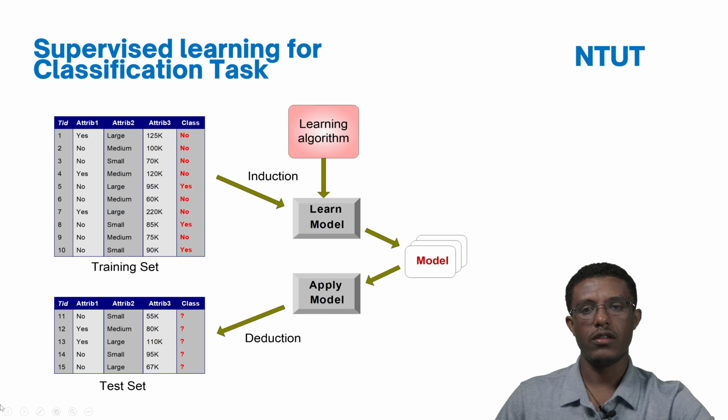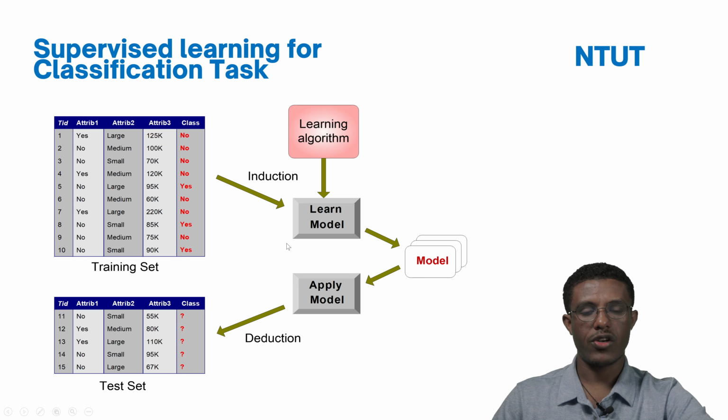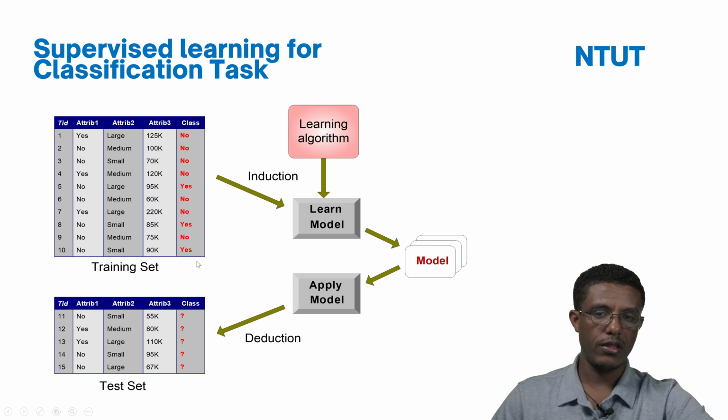So this shows the general structure of what supervised learning looks like, in this case for classification. For example, the first step, let's say we have a training data set here. This training data set has different features or attributes, and also there is a class or label called y.